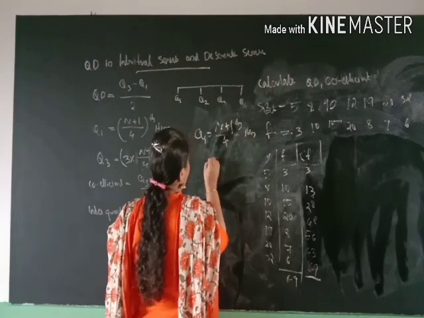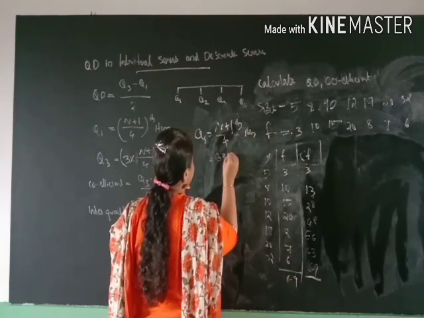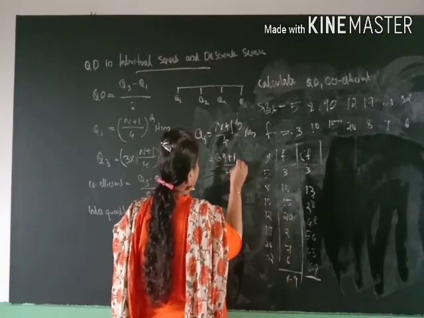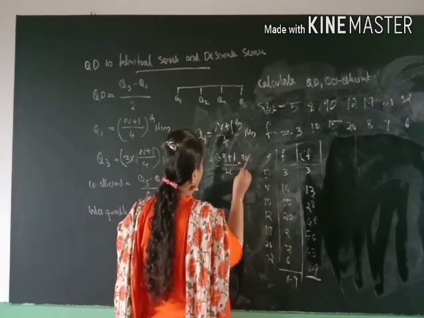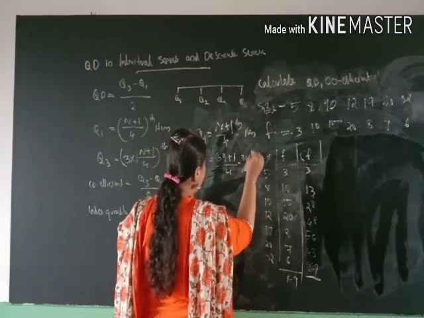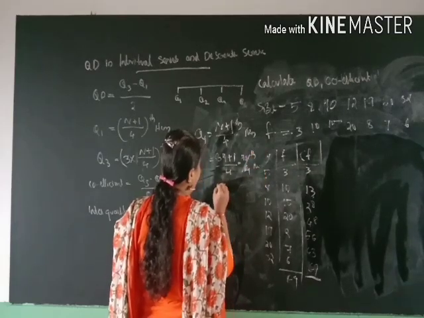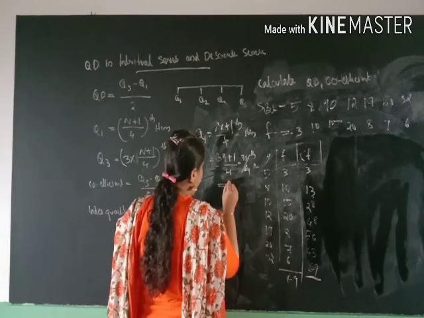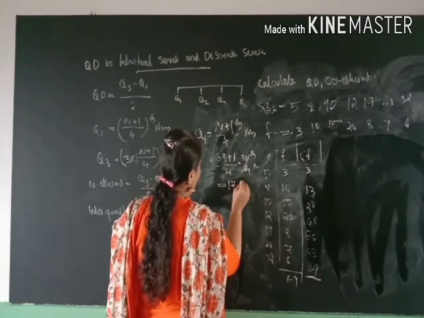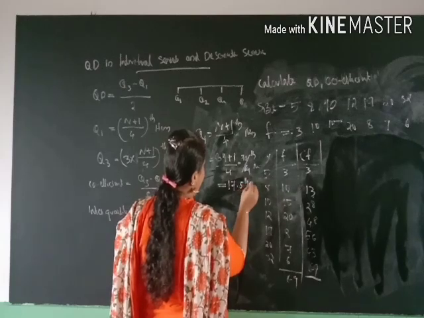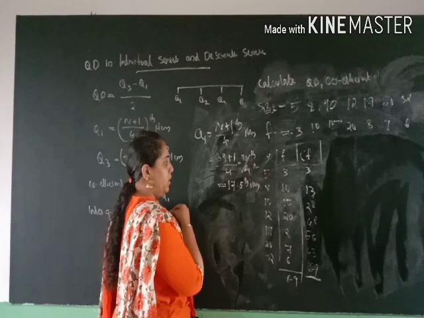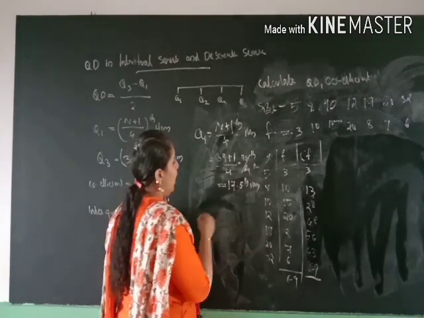Here n equals 69. 69 plus 1 by 4, that is 70 by 4th, which is equal to 17.5th item.